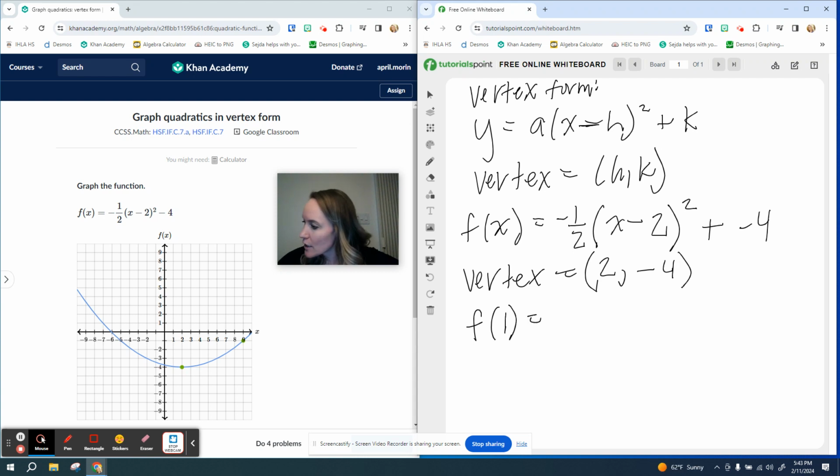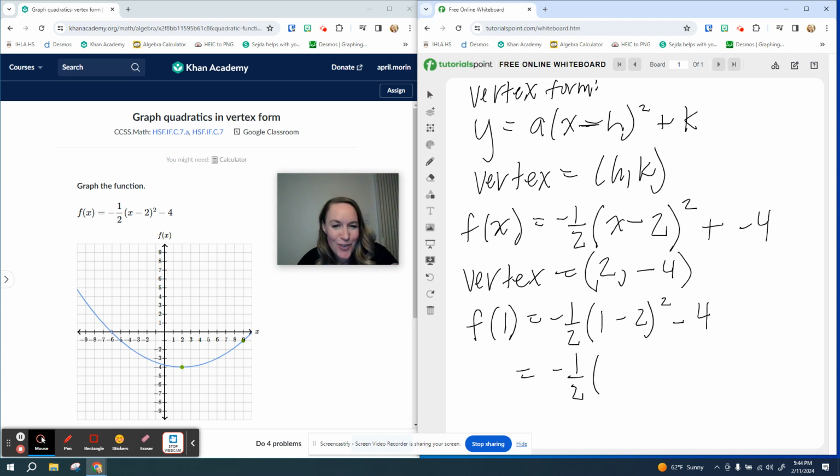So f of 1 equals, now I'm just going to plug in 1 and see what I get for y. So I have -1/2, and then I'm going to plug in 1 here. 1 minus 2 squared minus 4. Okay, so I have -1/2. 1 minus 2 is -1. -1 squared is +1.